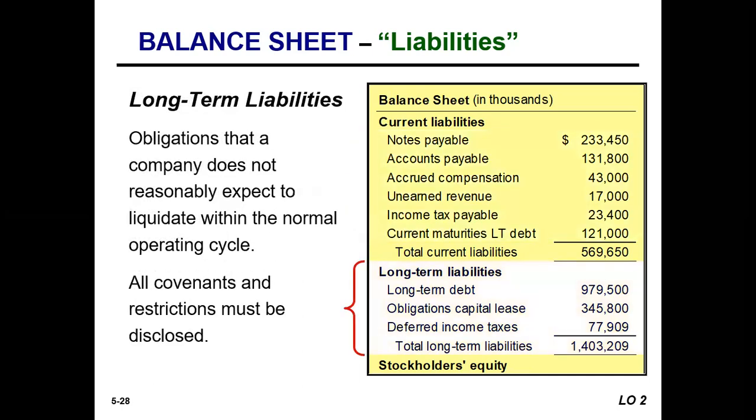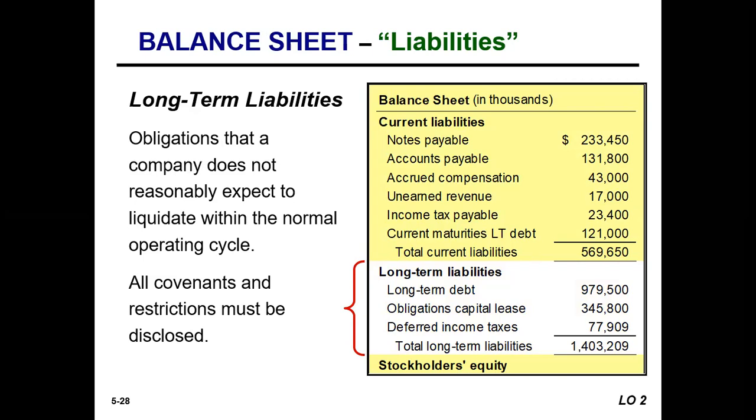Long-term liabilities, again, these take longer than a year to pay off, or these are obligations that we're going to have longer than a year. Long-term debt, this could be like a mortgage payable, for example. Capital lease, if we're leasing a building, or if we're leasing equipment, or something like that, that we have a contract signed for longer than a year.